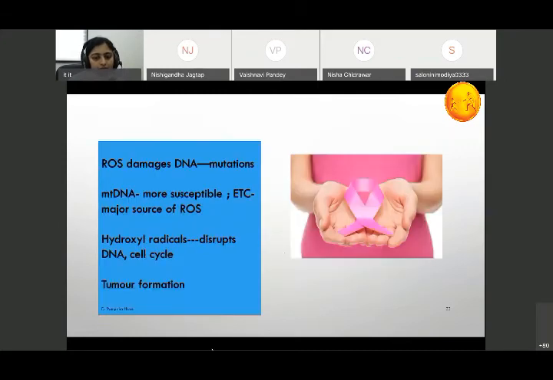Next we have cancer. Now since the reactive oxygen species attack nucleic acid, indirectly causing damage to the DNA. So if the DNA is damaged, there will be mutations occurring. These mutations are more in the mitochondrial DNA as compared to nuclear DNA.